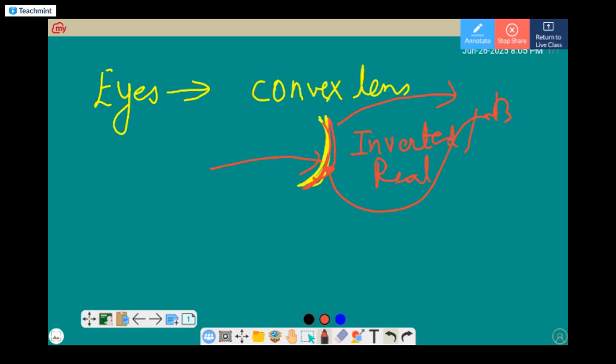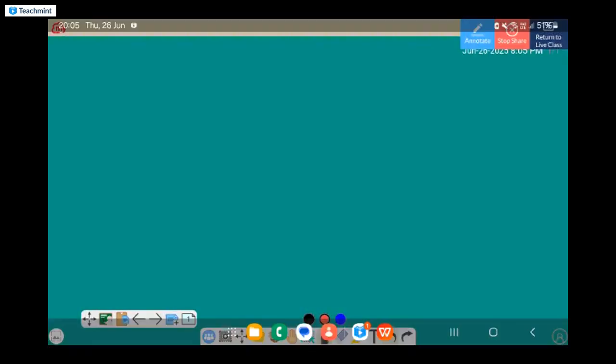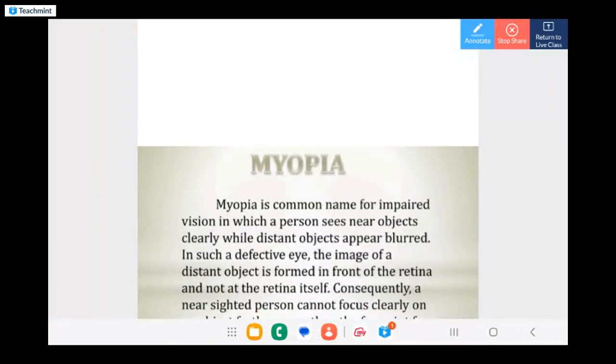Are all these points clear? Just write this information. I will see the defect based situation and which type of lens is suitable in which kind of defect. Yes.